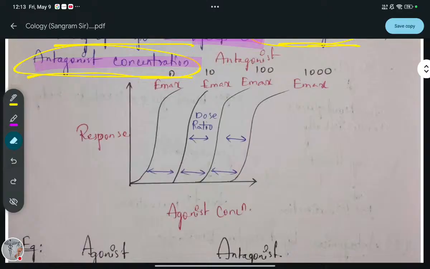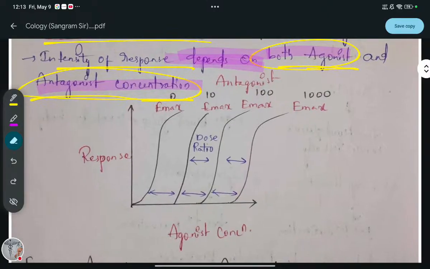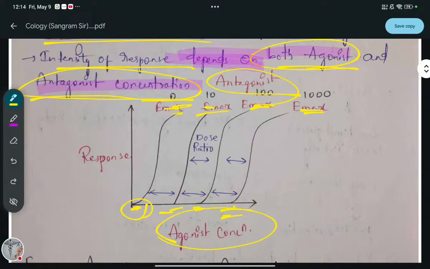This is the graph. See, I will tell you one thing. In that case these are the agonist and these are the antagonist. So antagonist 0, 10, 100, 1000, and here agonist 0, 10, 100, 1000, like this. When less agonist will be there, more antagonist will be binding. When a little bit more agonist will be there, less antagonist will be binding.